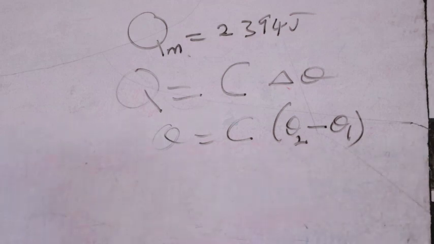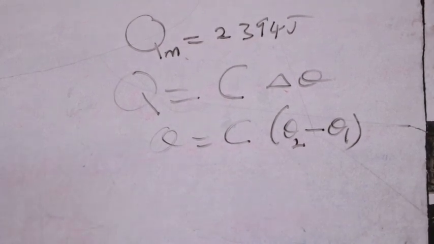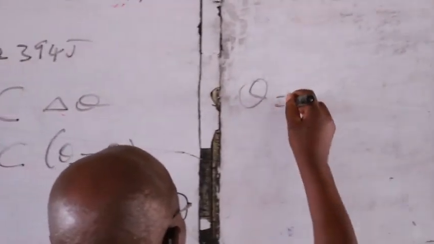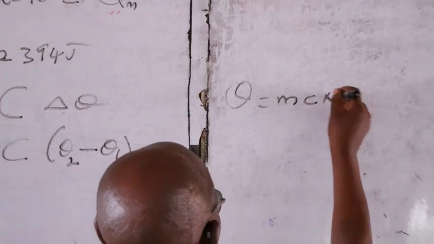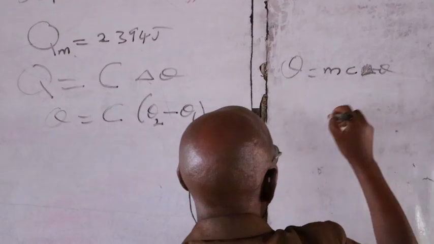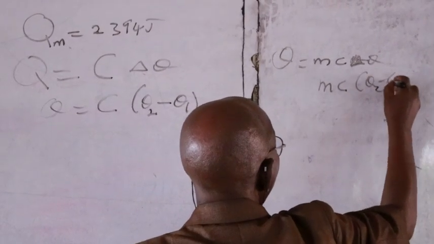It's in your notes. It should be part of the first note given to you when we started this topic. That's for thermal capacity. We later moved on to specific heat capacity, in which Q is given by MC delta theta, or MC into theta 2 minus theta 1.